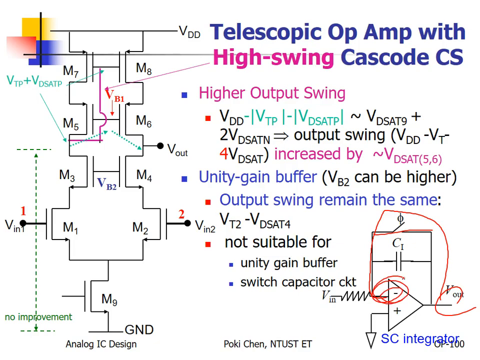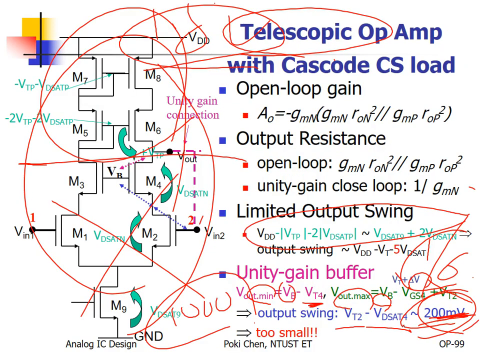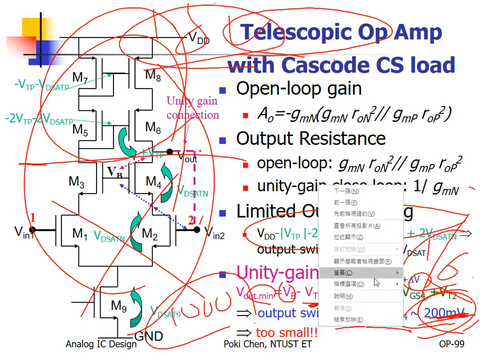Under such circumstances, it looks like a voltage buffer. And again, how to provide the best performance? You need to make sure every transistor of the op amp is in the saturation region, right? And again, you are limited by this one, the unity gain buffer.